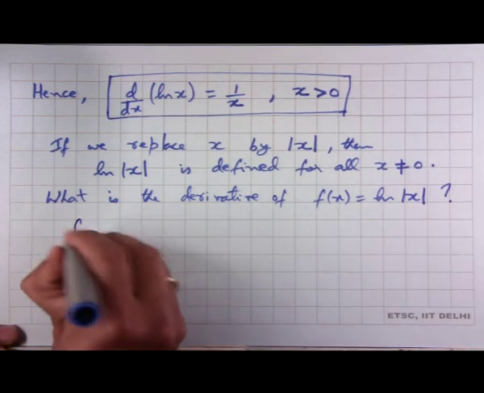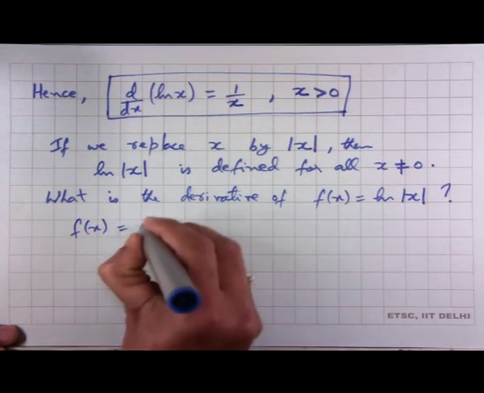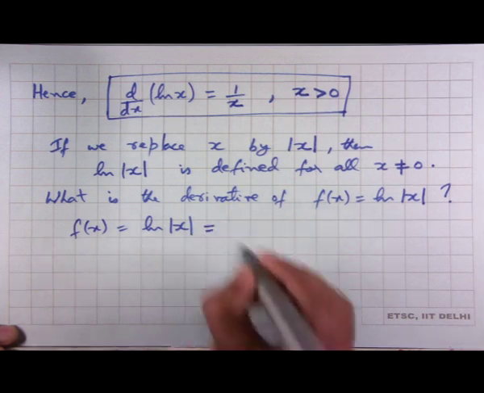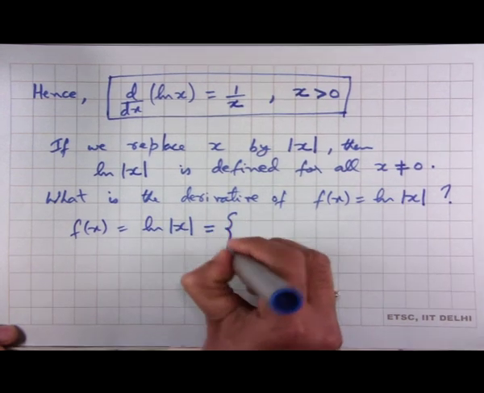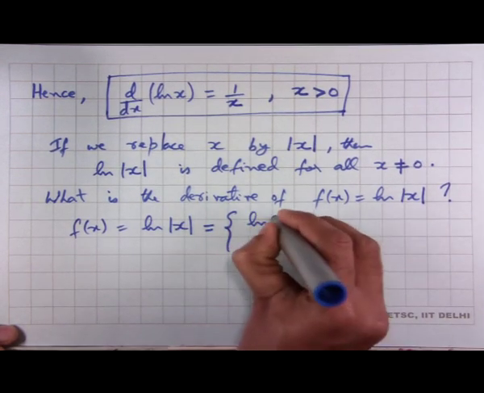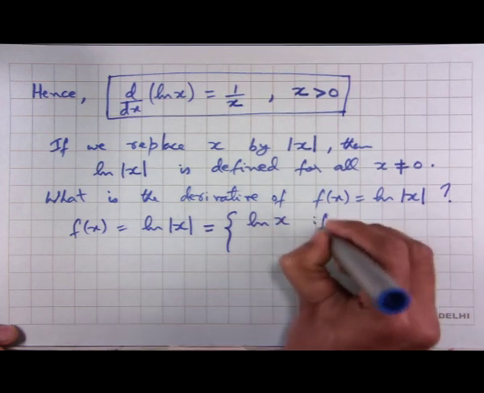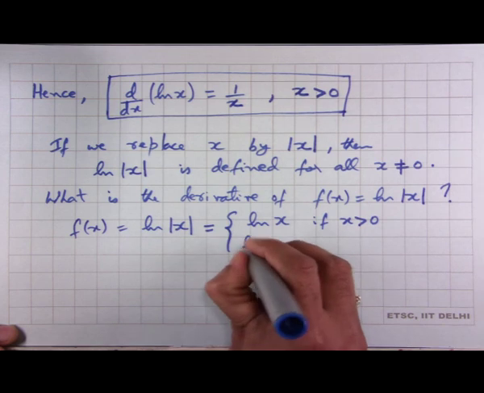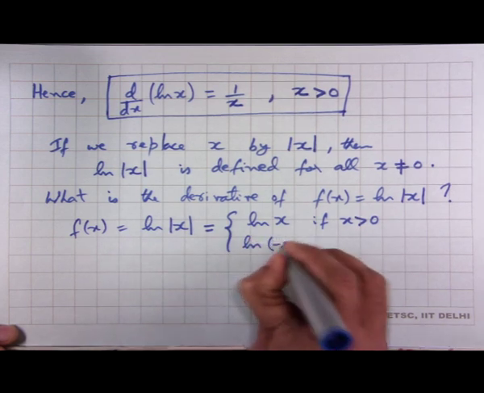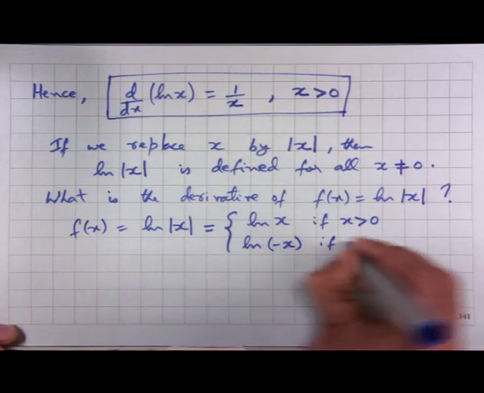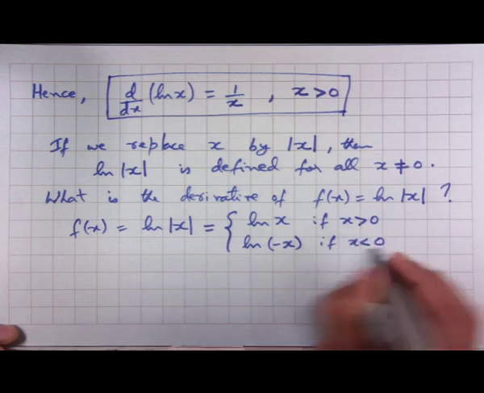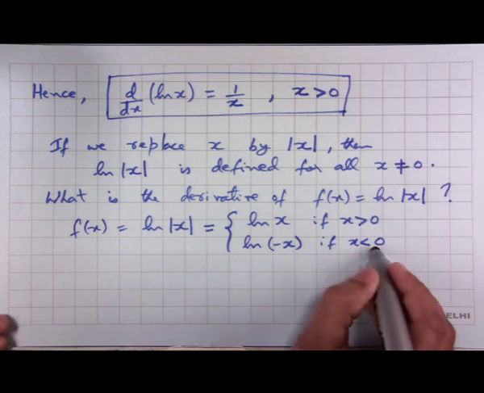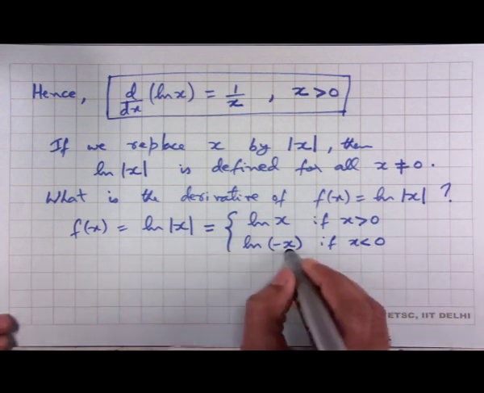So, if we see f x is log of mod x, this can be defined piecewise as this is equal to ln of x if x is greater than 0, and this is equal to ln of minus x if x is less than 0, because for x greater than 0 mod x is equal to x, and for x less than 0 mod x is equal to minus x.